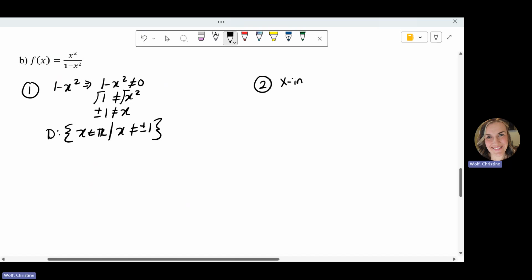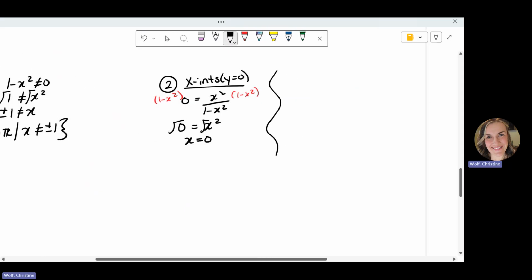So for my x-intercepts, I'm going to set y equal to 0. So I have 0 equals x squared over 1 minus x squared. I'm going to multiply each side by my denominator. My left side remains 0. I only have x squared, and I just have a lone answer of x equals 0. So I know I have an x-intercept at 0, 0.